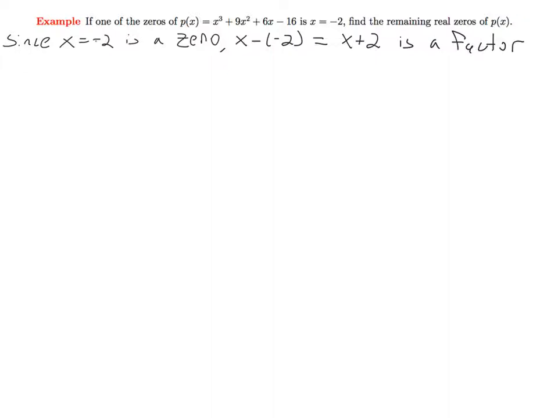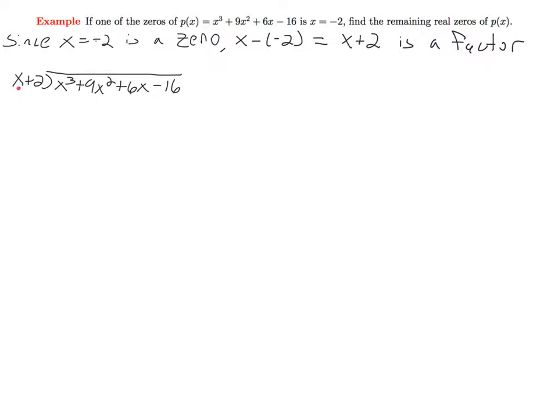Okay, and so therefore we can divide this factor, x plus 2, into the polynomial p, which is x cubed plus 9x squared plus 6x minus 16. And so we do this polynomial long division like the other examples.